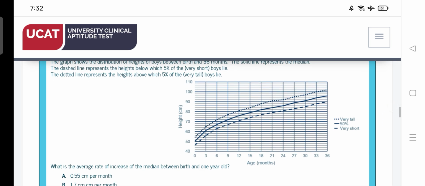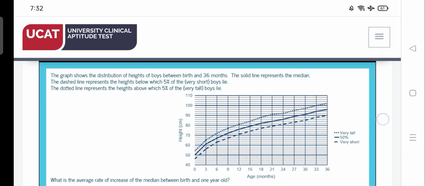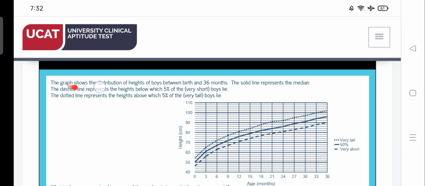For the next question, the graph shows the distribution of height of boys between birth and 36 months. The solid line represents the median. The dashed line represents the height below which 5% of the very short boys lie.